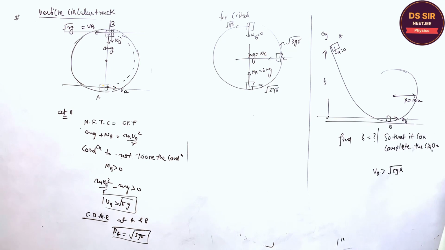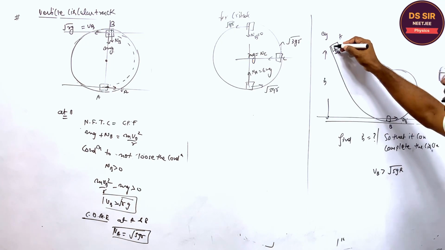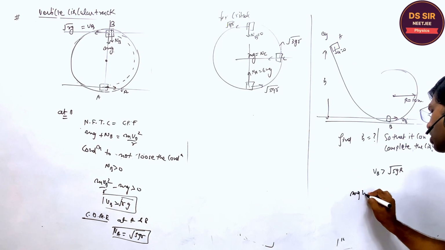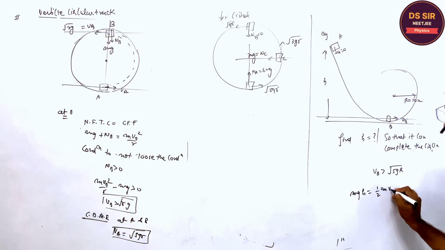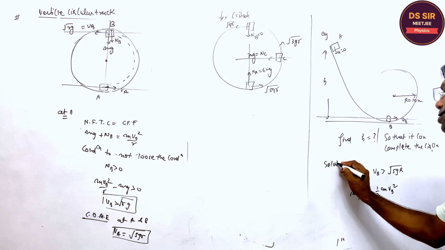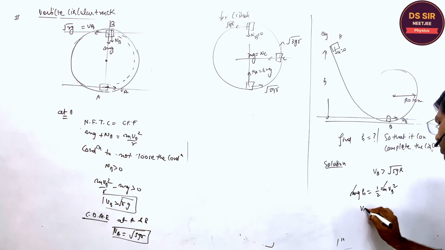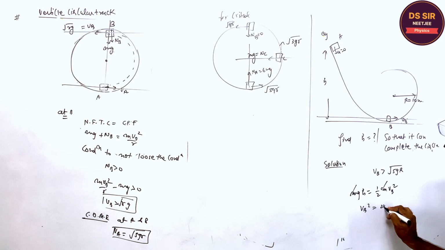So how to do this question? This potential energy will convert into kinetic energy. Is it clear or not, or should I do in some other way? Right, the solution I'm writing: VB square is equal to 2gh. So VB is equal to root 2 gh.